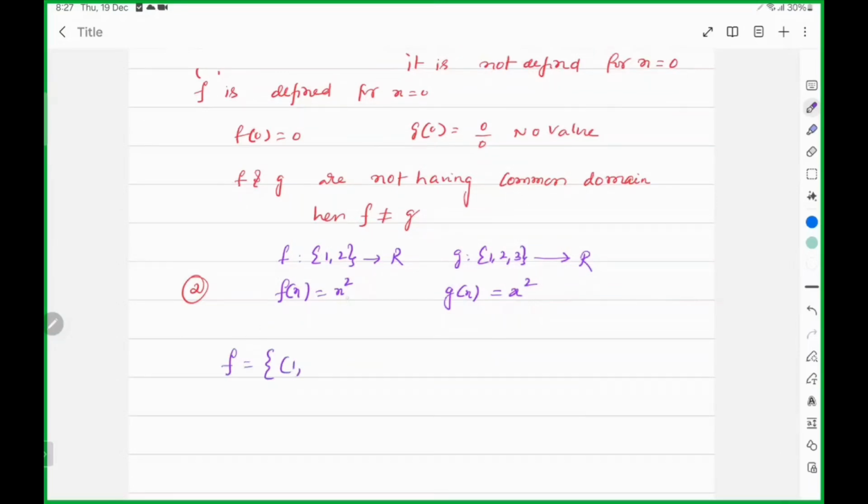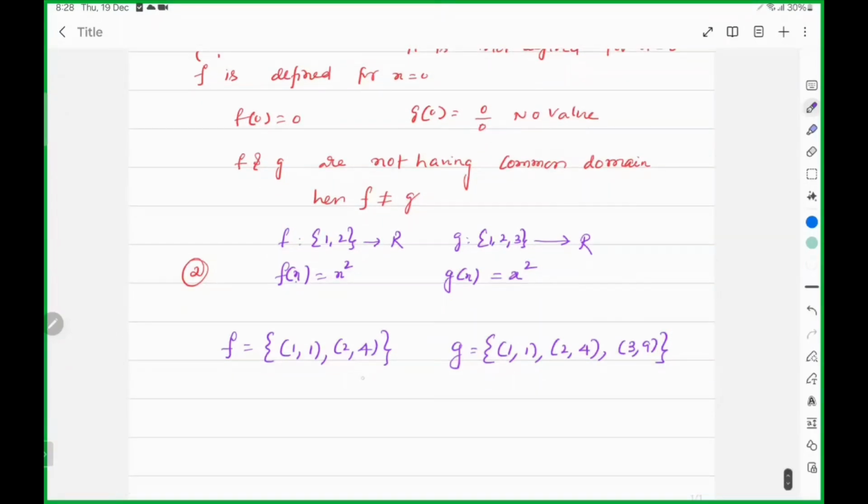When x is 1, f of 1 is 1 squared, and so on. Here f and g are not equal. They are defined the same way, but their domains are different. So the functions are not equal.